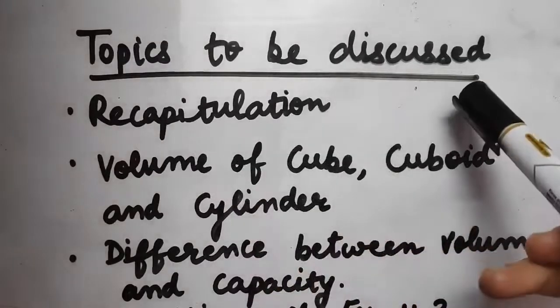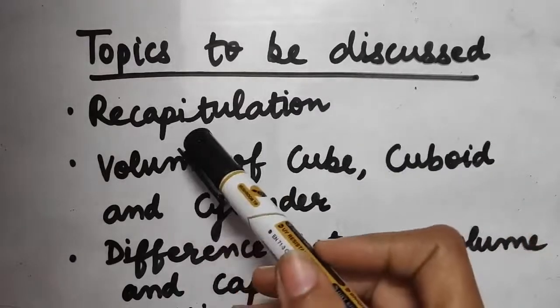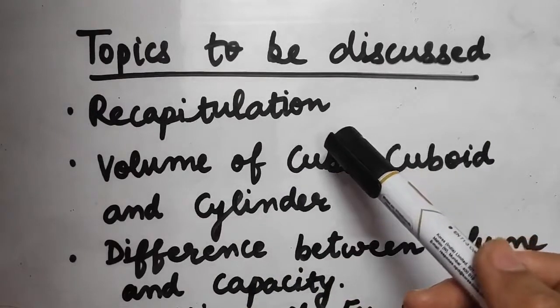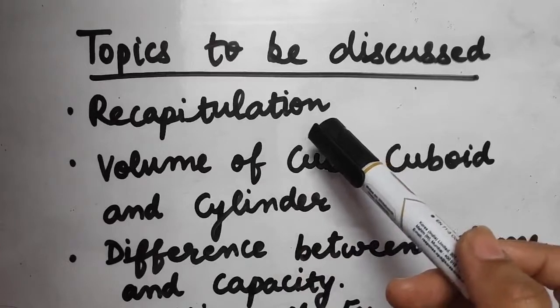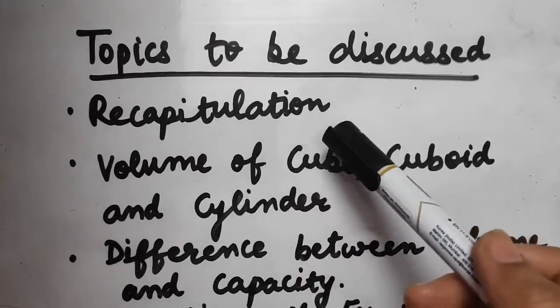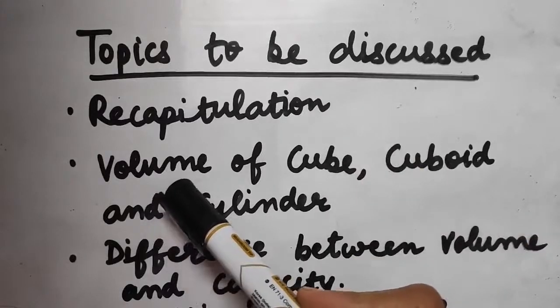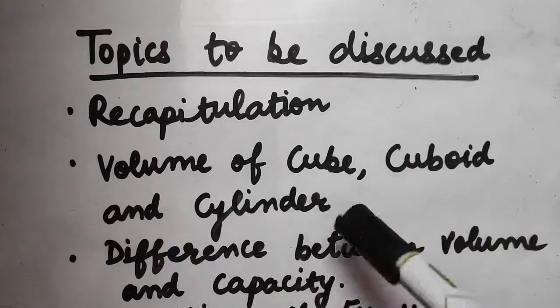Topics which I am going to discuss in this lecture are, first of all, we shall recapitulate the concepts covered in the previous lecture, that is we shall recall the area of rhombus, surface area of cube, cuboid and cylinder. After that we shall move to the discussion of volume of cube, cuboid and cylinder.